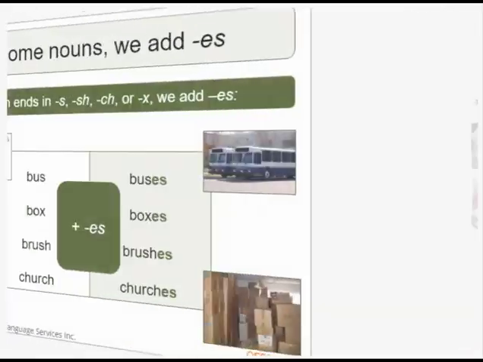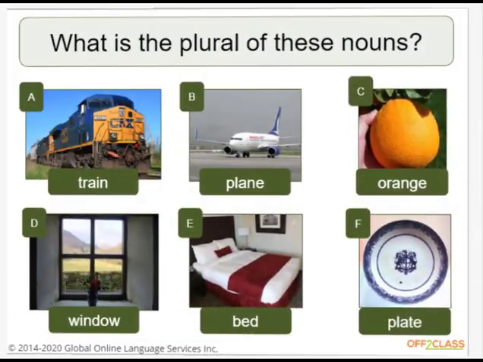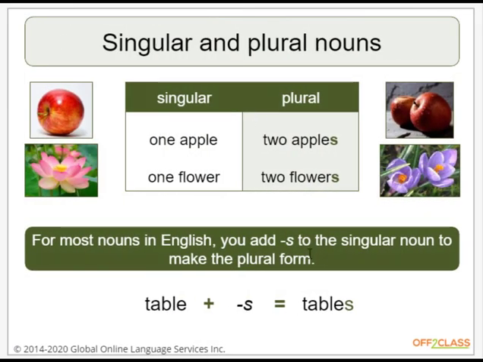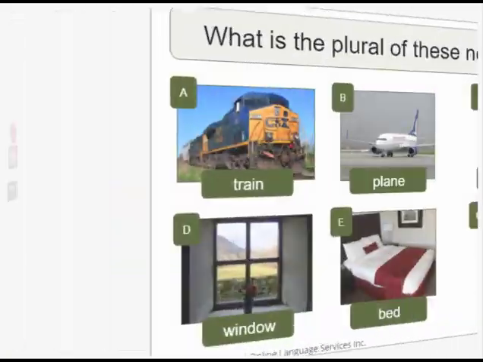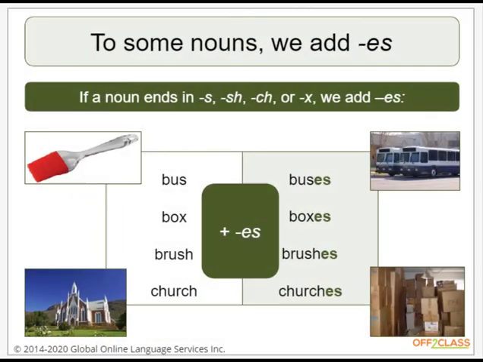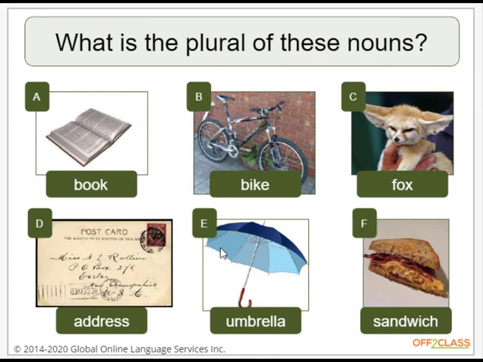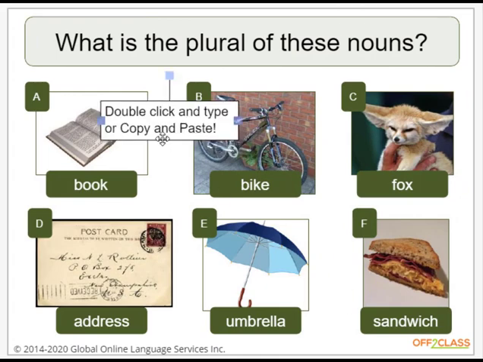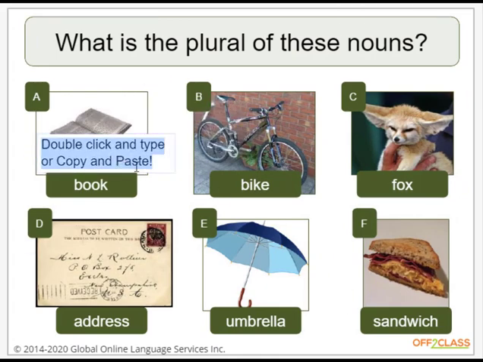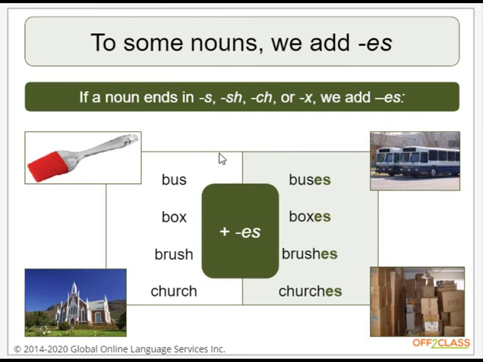But for most nouns, you just add S to a singular noun. So what do you think the plural of book is? Do you add S or do you add ES? Let's go back one more time. If a noun ends in S, SH, CH, or X, we add ES.